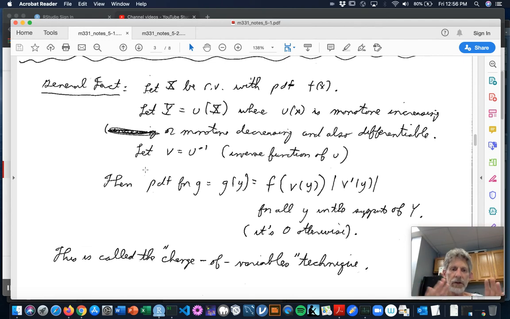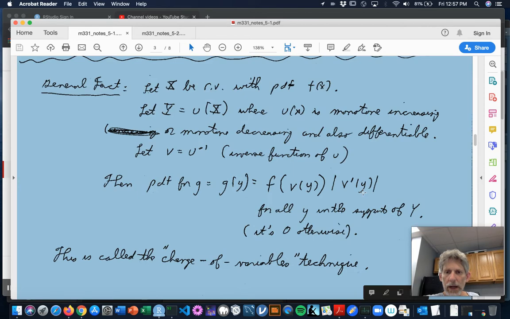Well, here's the theorem. Here's what you get. The PDF for your transform, little g of y, is f, where you just plug in the nu of y expression for the x, and you multiply by the absolute value of the derivative of that inverse function at y.